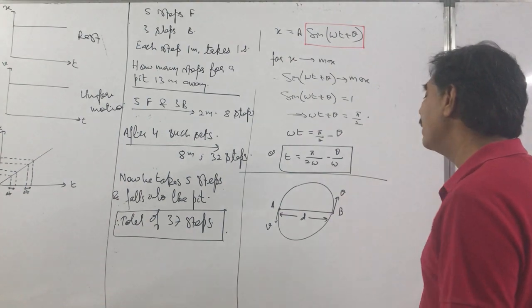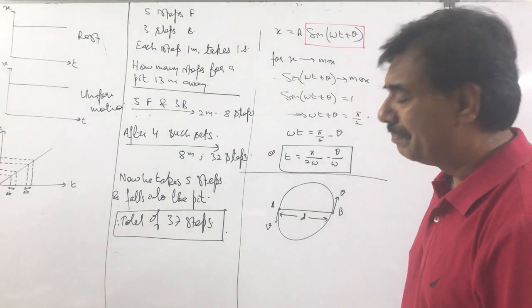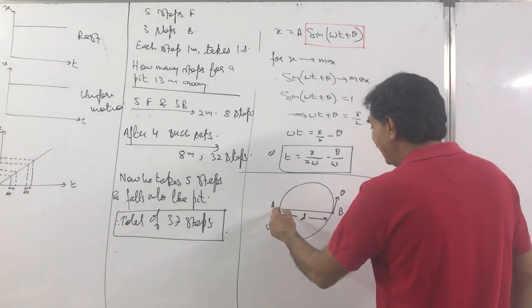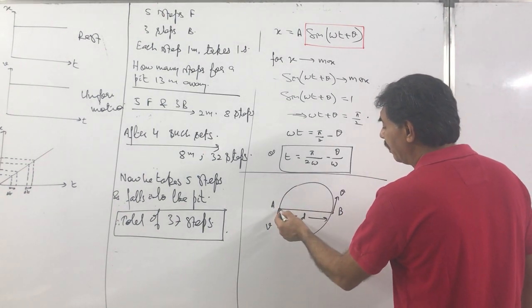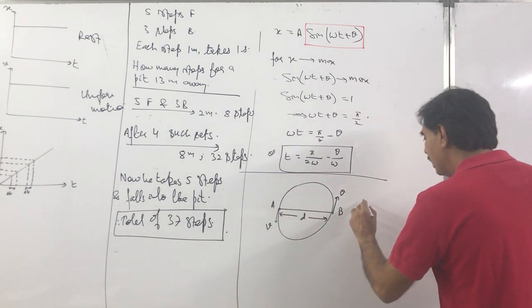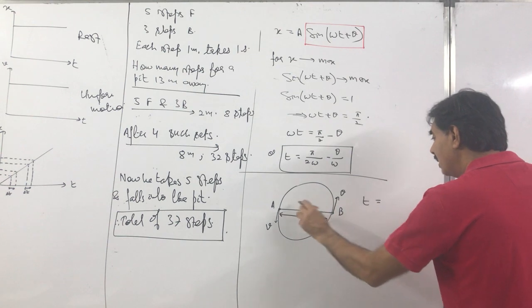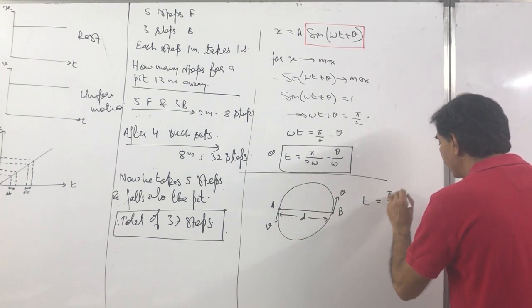He says, after how much time will they come back to their original positions? A will come back to original position when it completes one full circle. B comes back to original position when it completes one full circle. Thus the time after which they come back is the distance 2 pi r or pi d upon v.